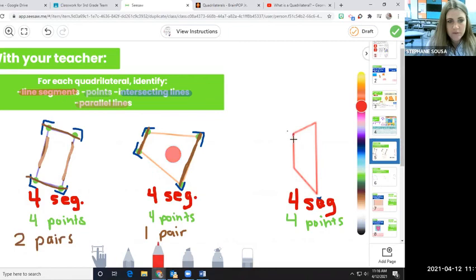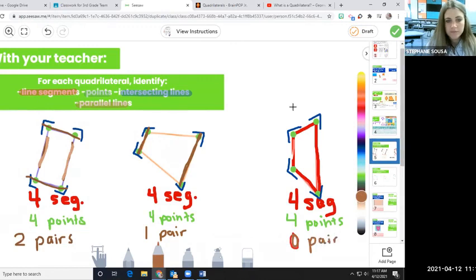And the reason is, if we were to continue this on forever and ever, they actually get closer and closer to each other. Oops, that was a squiggly. You see how those are starting to, oh my goodness, I can't draw straight. Those are starting to get closer to each other. If we were to continue them forever, look at that distance. It's getting shorter and shorter, okay? So these actually have 0 pairs of parallel sides. 0. Let's go ahead and write 0. 0 pair. Okay?